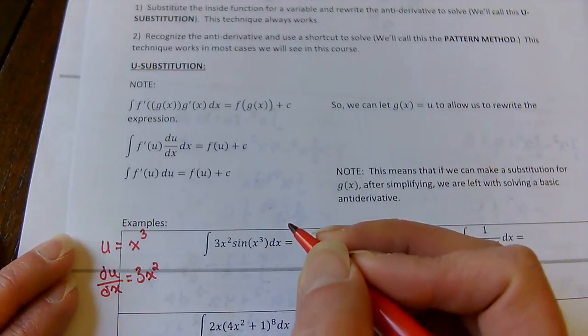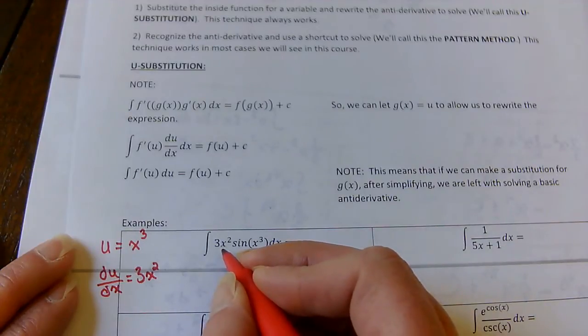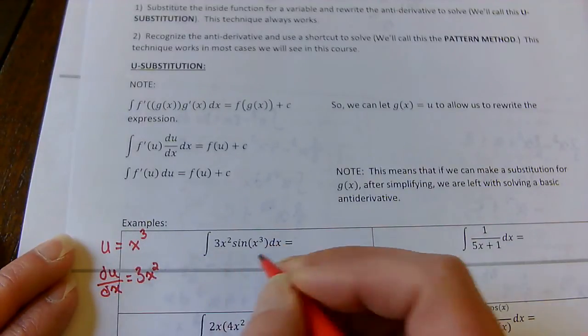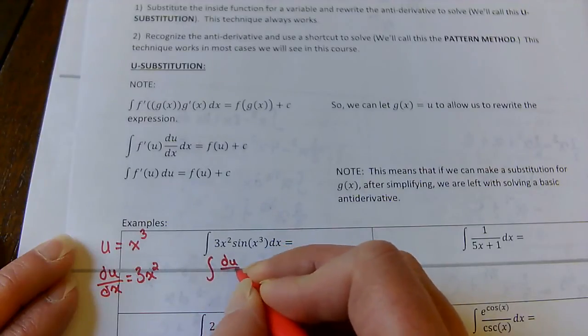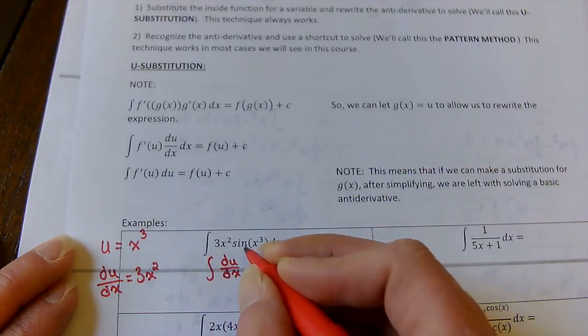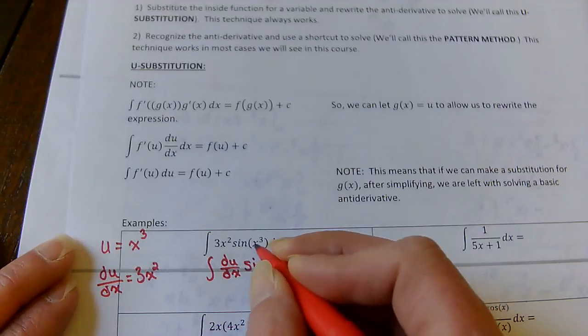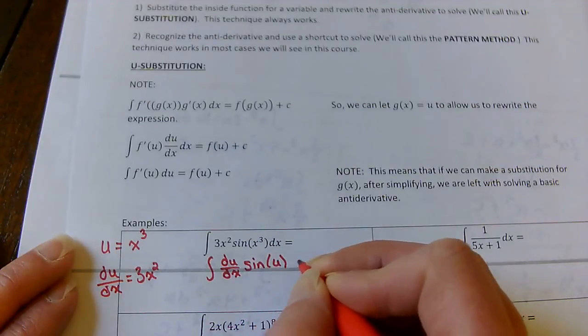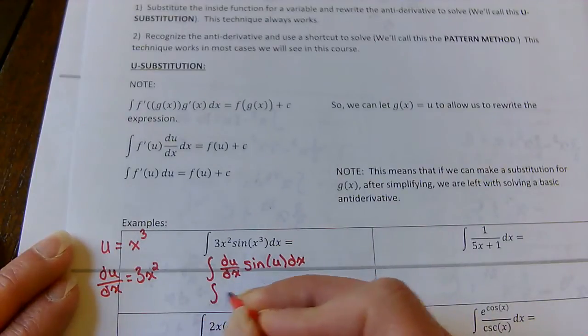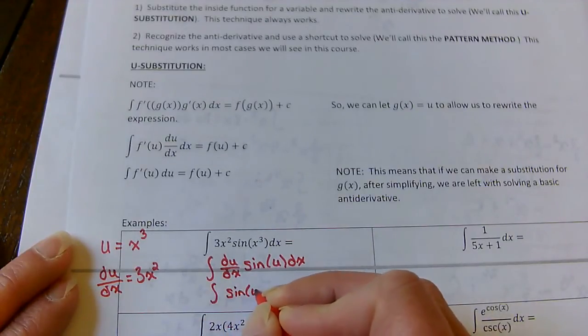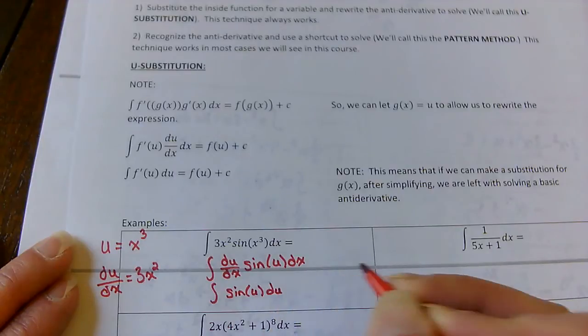So let's see what we have. 3x squared is du dx times the sine of x cubed, which was u, dx. Well, the dx's cancel, and so I have sine of u du.